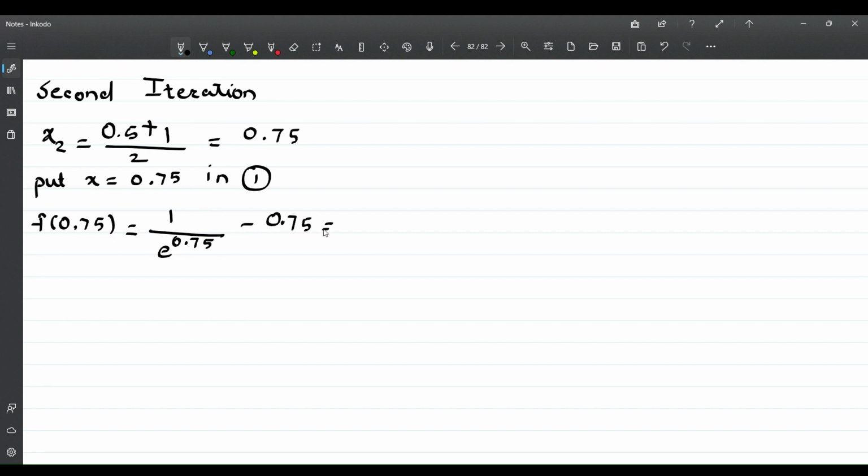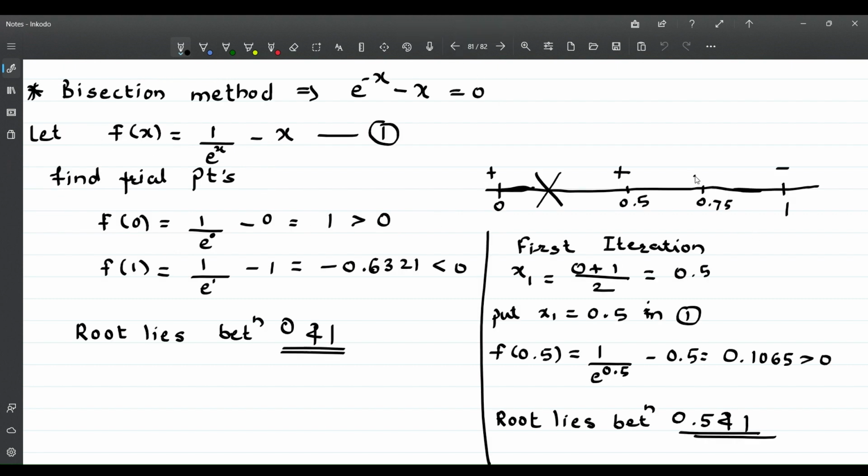So the answer is minus 0.2776, which is less than 0. The answer of this is negative. So which side will get cancelled? Negative, negative is the same, so this side will get cancelled. So our new interval is 0.5 to 0.75.